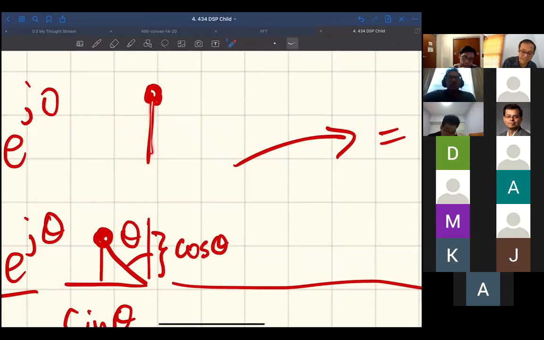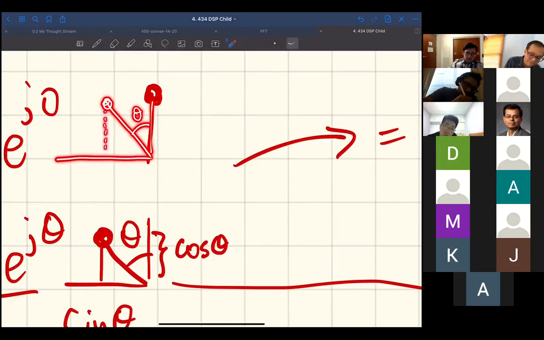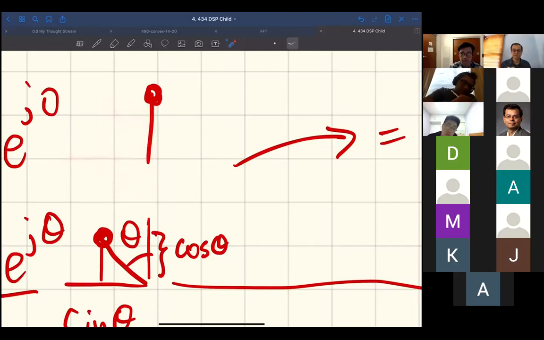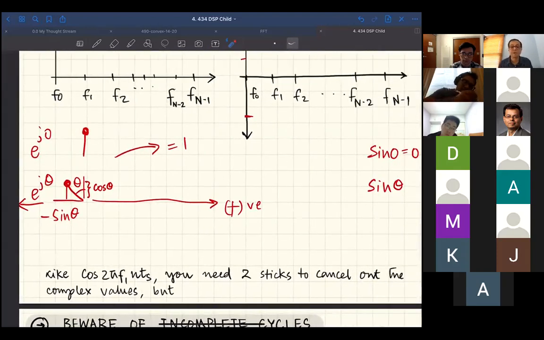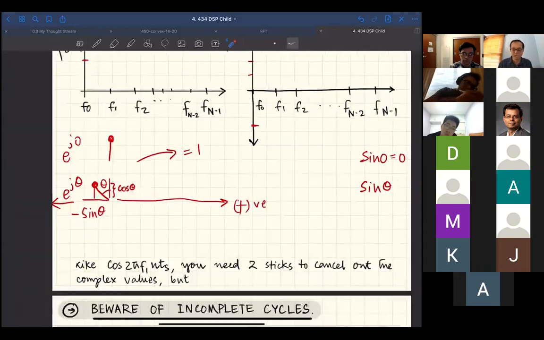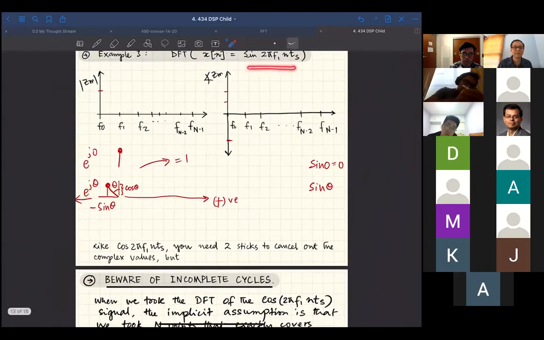If you started the stick here and you want to move it theta, then this is theta. Then the x-axis projection, this value, is sine theta. So that will be negative sine theta. So this won't work because you want positive sine theta as your first value in your sine signal.